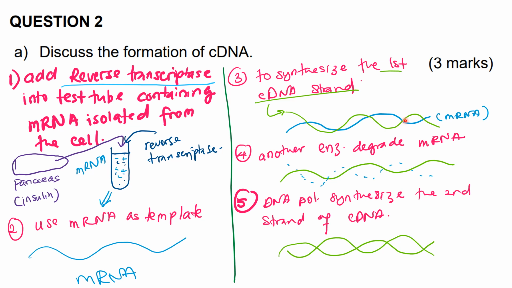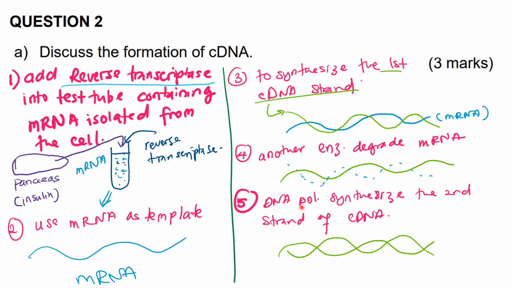Now there is another enzyme that is used to degrade the mRNA strand, because you don't want the mRNA strand in your DNA molecule. So this enzyme will degrade the mRNA. Next, the next enzyme is DNA polymerase.